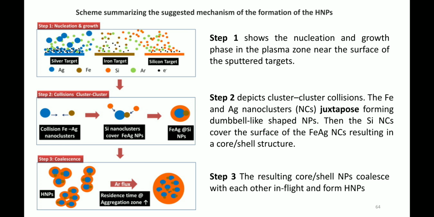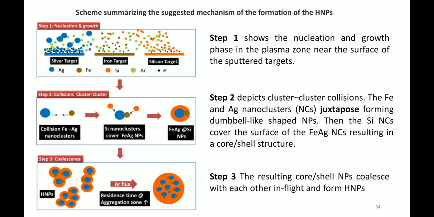Okay, so nucleation and growth is taking place in the plasma zone near the surface of the sputtered targets. It is shown on the left hand side schematic representation, where you can see that the blue color is silver atoms, silver target is there, iron target is there, and silicon target is there. Near the silver target there are blue colored atoms vaporized.